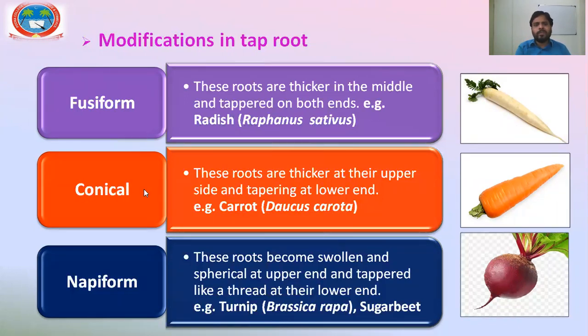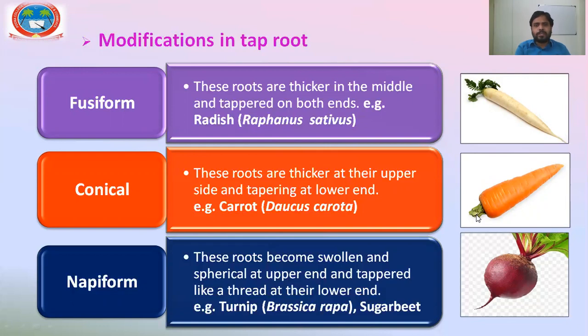Then the next one is the conical form. As the name indicates, conical means cone-like. In this form, the base of the root is broad and it gradually tapers towards the end, due to which it appears like a cone.